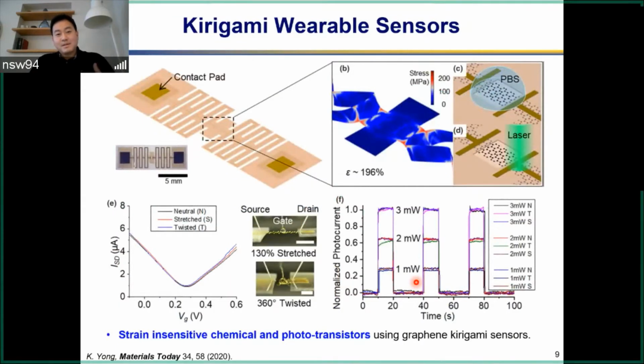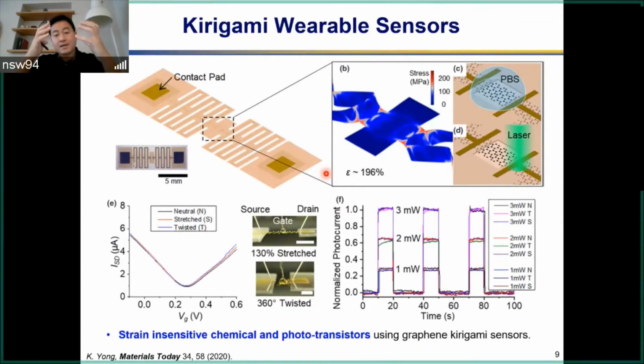We built a bit more device capability into the structure, putting in just a single island, and we did two examples. It's a very simple example under stretching and even twisting of the structure. We can create a field effect transistor at the middle portion, since we are interested in pursuing biochemical sensing routes, and that's shown in panel E. Here I'm showing a simple IVG, source drain current gated by the water gate.